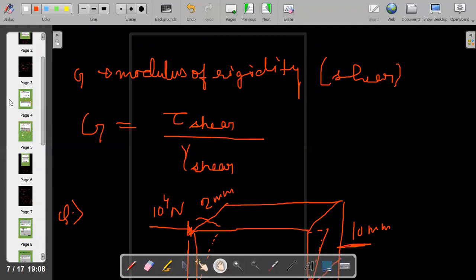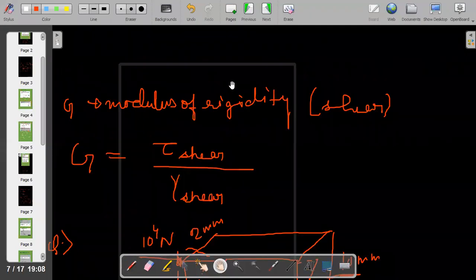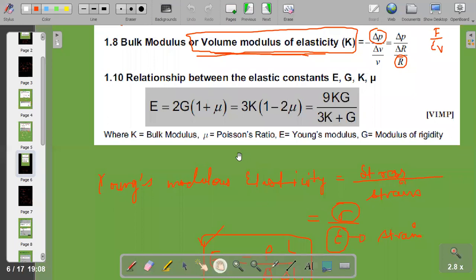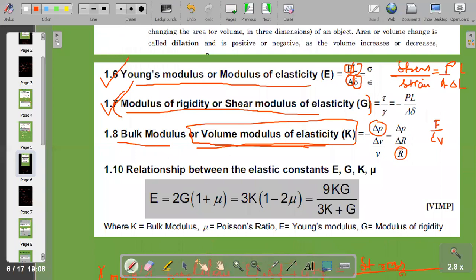Now, what was the third part? Volumetric. Now bulk modulus, or volume modulus of elasticity. It is given by force per unit area over volumetric strain.